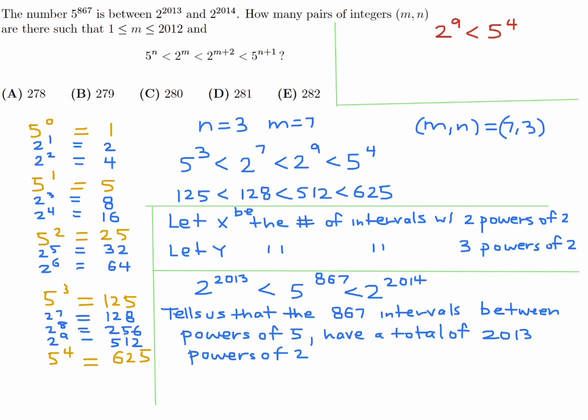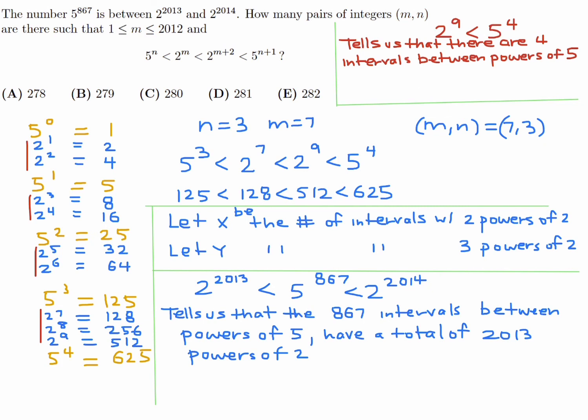So that would definitely be accurate. From that, hopefully you can deduce something similar as that. That tells us that there are 4 intervals between powers of 5. So to repeat, it tells us that there are 4 intervals between powers of 5. Just look at it. Here's the first interval, second, third, and fourth. There are 4 intervals between powers of 5.